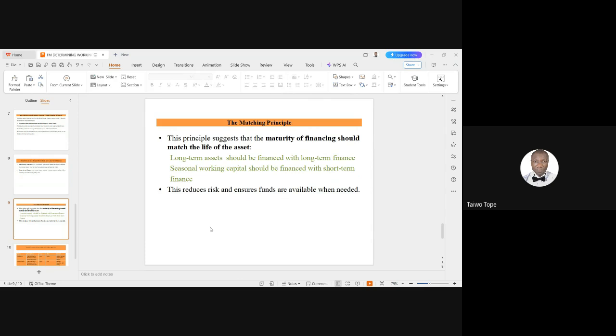So businesses typically use a mix of short-term and long-term funding. As I've said, with permanent versus fluctuating current assets, businesses must match their need with the source that suits the need. So this is very, very much important for business organizations.